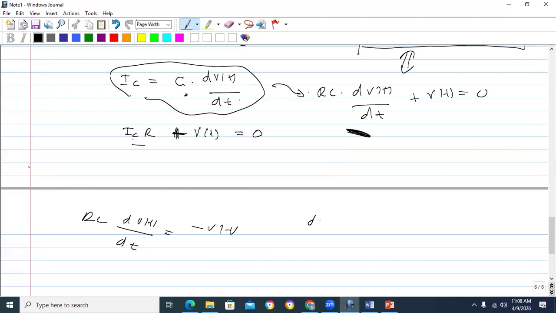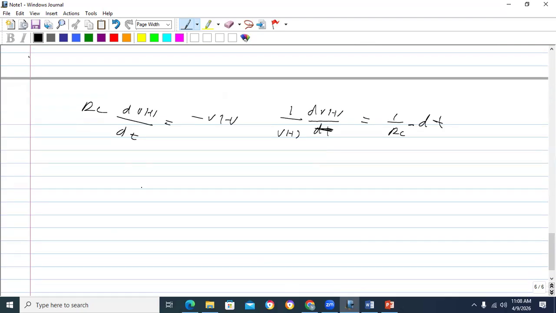So you will have dV(t) over V(t) equal to minus 1 over RC dt. So you can write this as 1 over V(t) dV(t) is equal to minus 1 over RC dt.